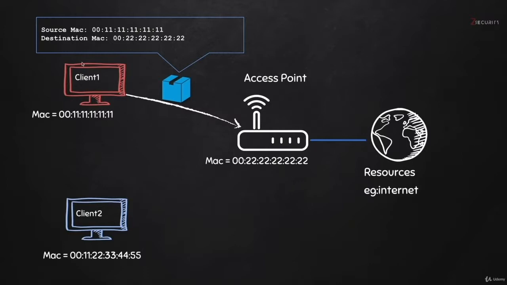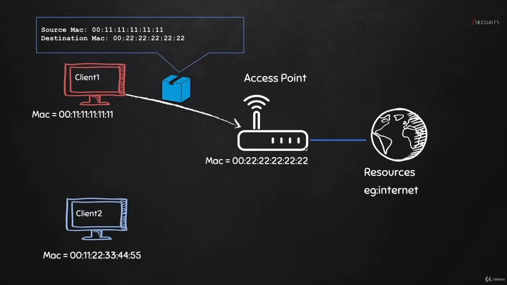And as an example, if this client wanted to send a packet to the router, it will set the destination MAC to the router's MAC address. Therefore, by default, each device only receives data that has the destination MAC as its own MAC address.